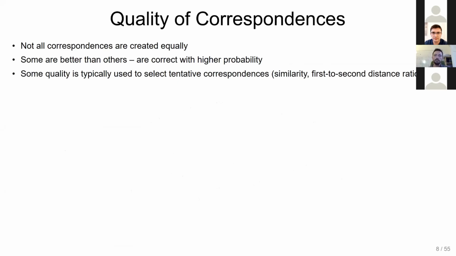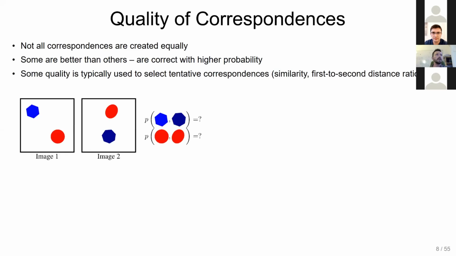In computer vision problems, this is very often the case, because the way you form the tentative correspondences is that you do some feature matching based on descriptor distance or some first to second nearest neighbor ratio, and you threshold this quality to get tentative correspondences, and those that are worse than a certain threshold you just drop. So you have such a quality, so why not try to use it in the sampling process?